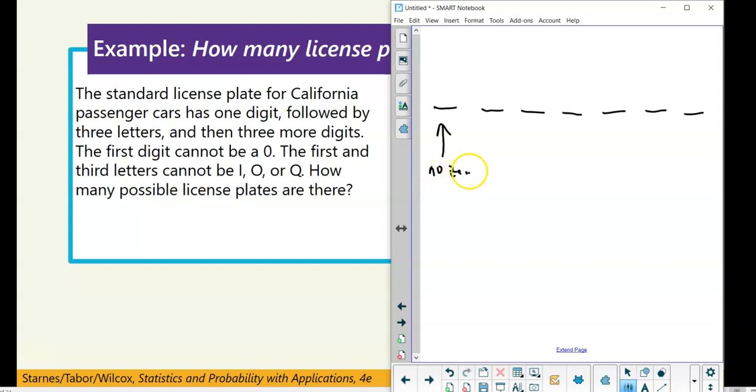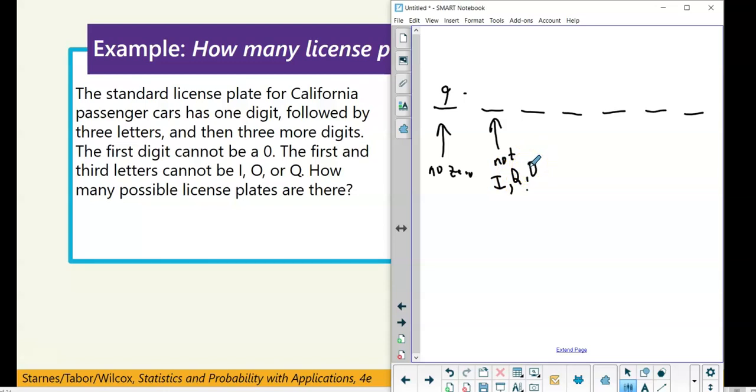Normally there would be 10 digits, 0 through 9, and 0 counts as a digit, but because we can't count 0, it's just 1 through 9, which is only 9 choices. Then the first letter cannot be an I, O, or Q.